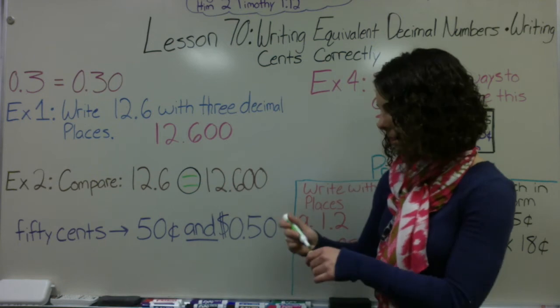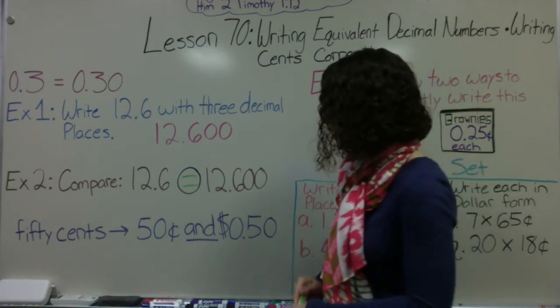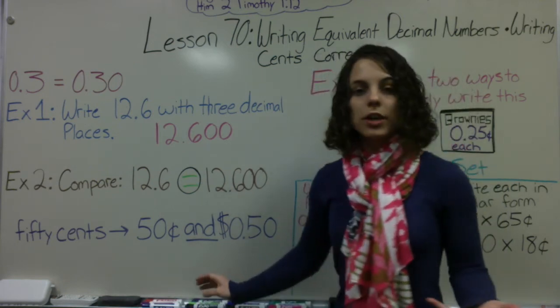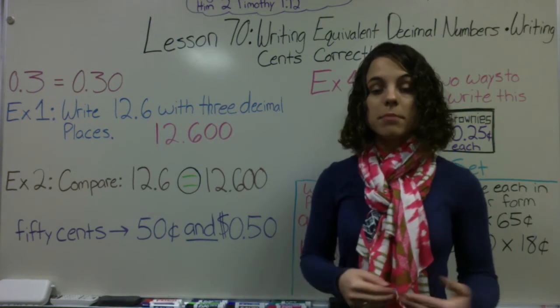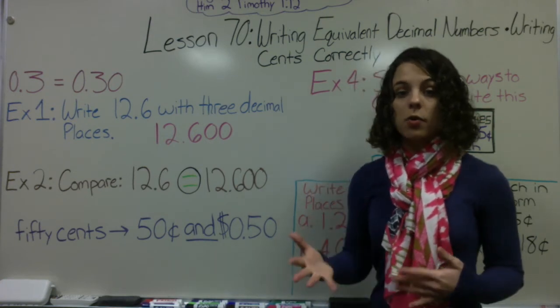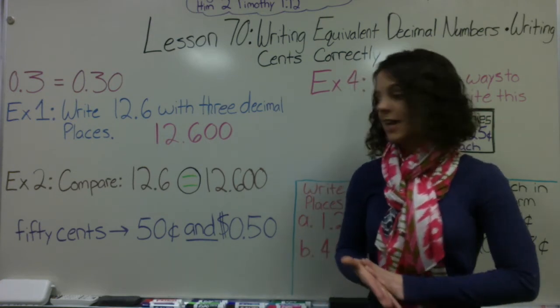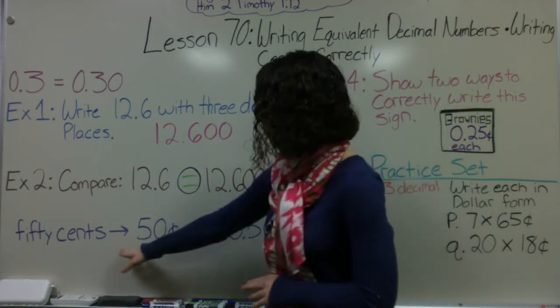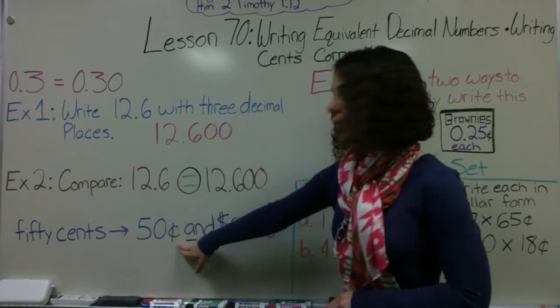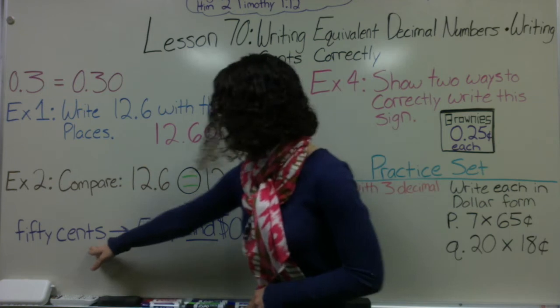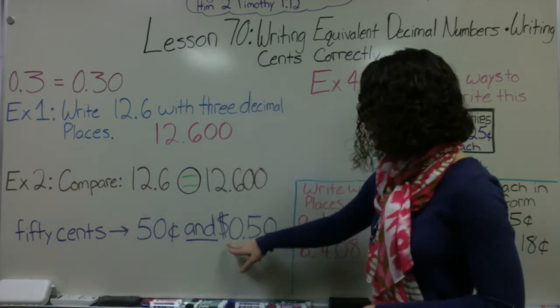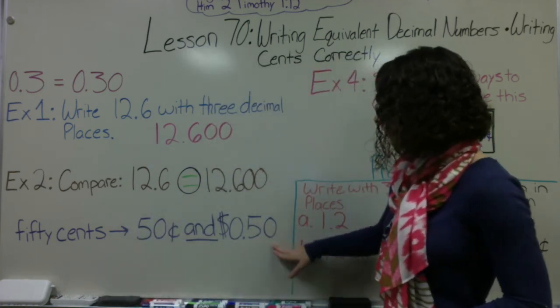They are equal. Now, we're also looking at different ways to write cents, which we've already kind of done before, and most of you have already showed me how well you know it when you have to add dollars and cents. When we write different ways of writing cents, we can have 50 with the cent sign as 50 cents, or we could also do $0.50.